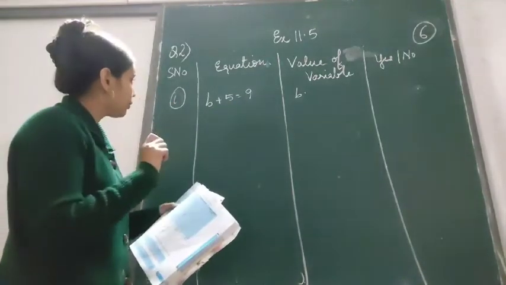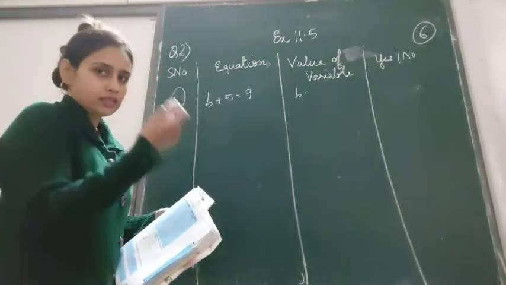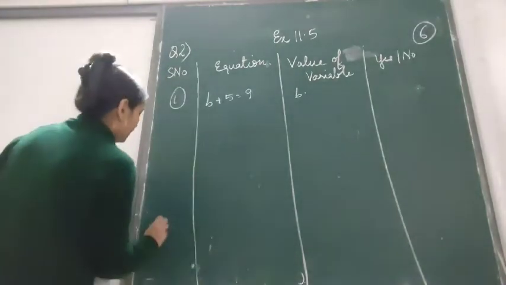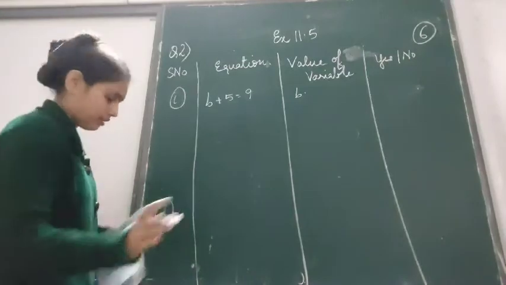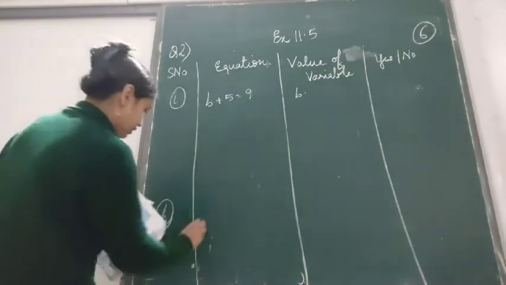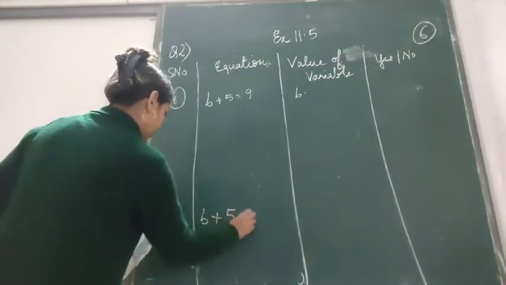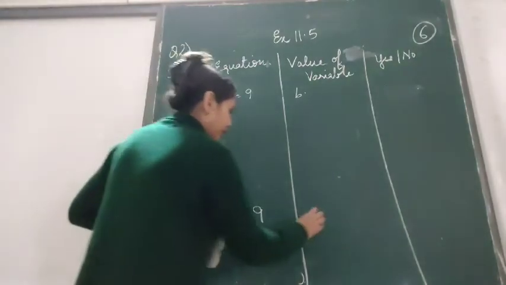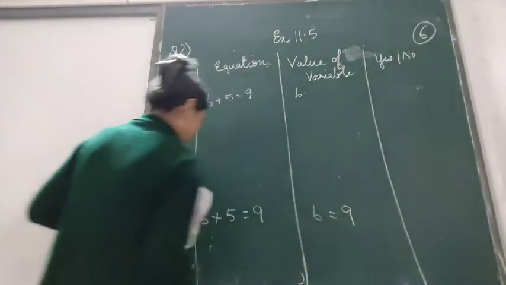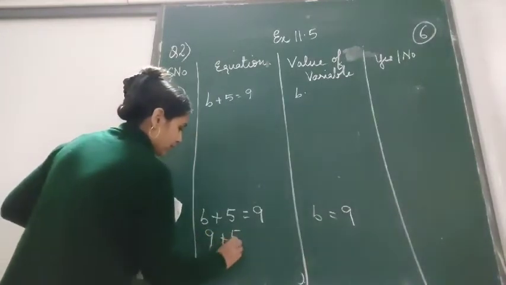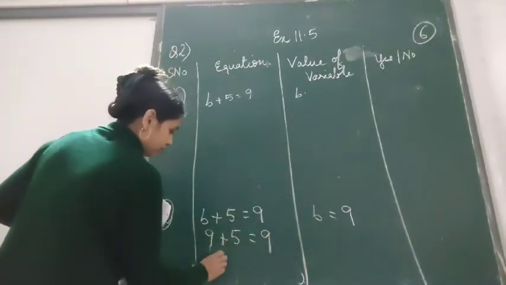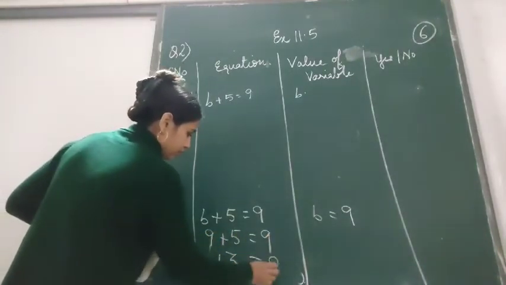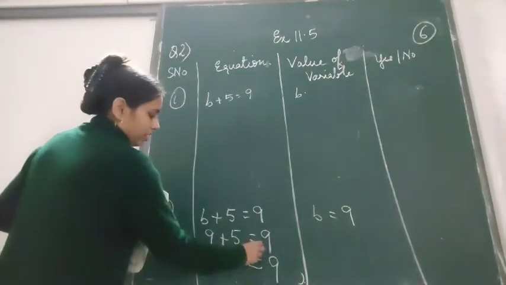Okay, so this was your H, I am doing it once again. H is B plus 5 is equal to 9, where the value of B is 9. So 9 plus 5, are they equal?